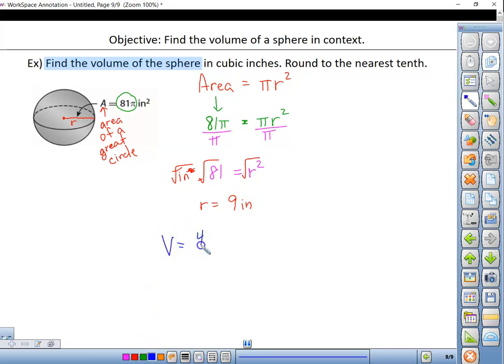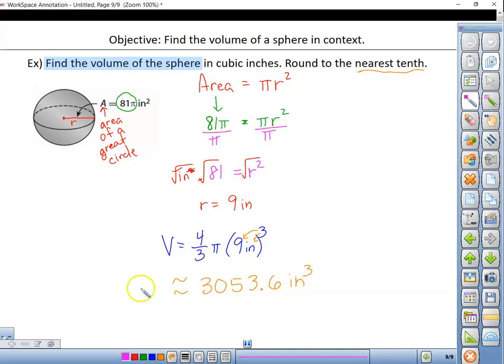So now we can find our volume. That would be 4/3 times pi times our radius of 9 inches, quantity cubed. So again, we have to cube the 9 and the inches. We can use our calculator now and round to the nearest tenth. And hopefully you're agreeing with my number. So we should have 3,053.6 to the nearest tenth, inches cubed.